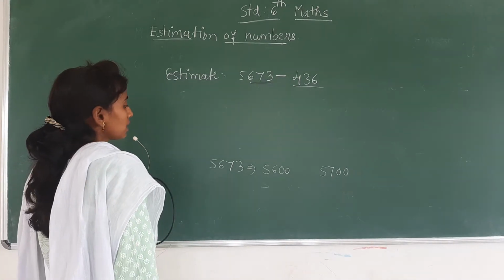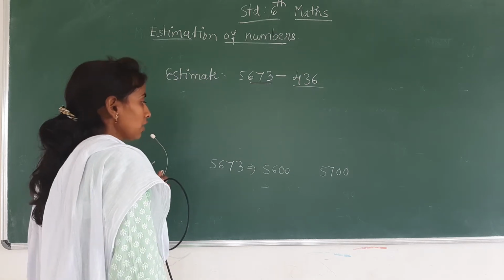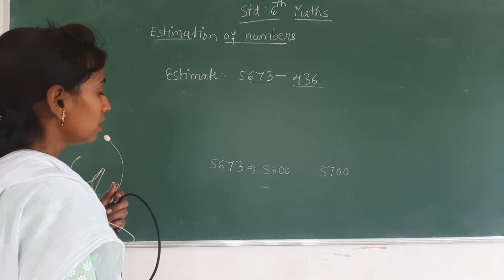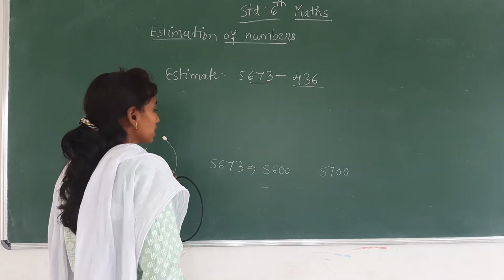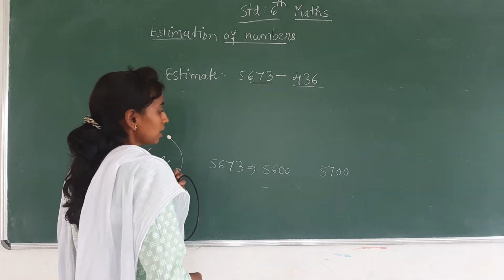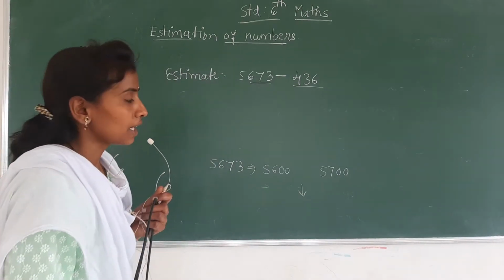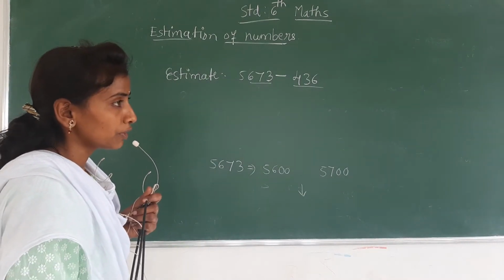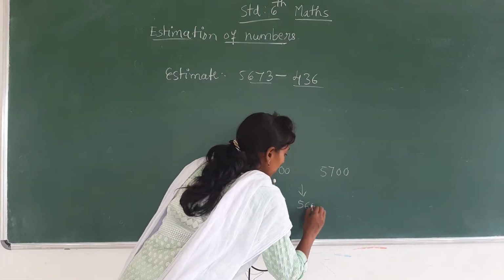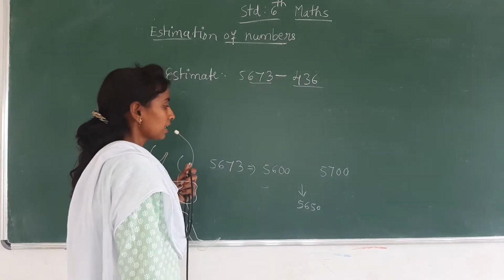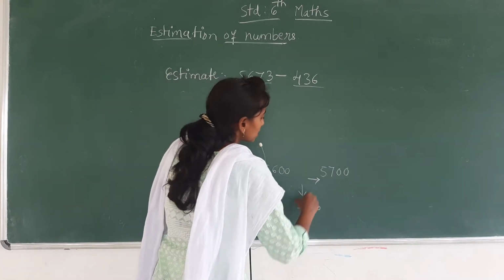See, 5673 comes in between 5600 and 5700. Now we are going to see which side 5673 comes. Between 5600 and 5700, the middle number is 5650. 673 moved towards 5700.